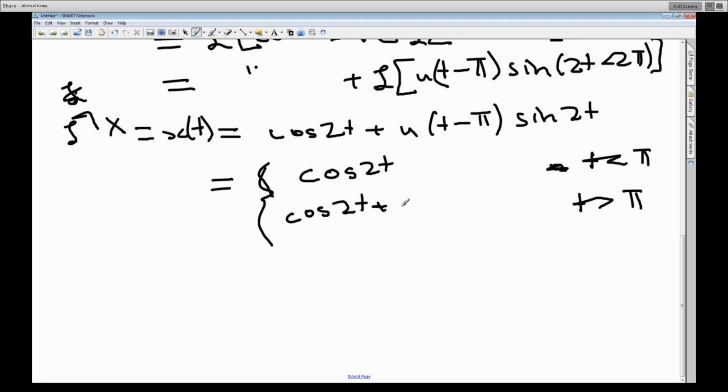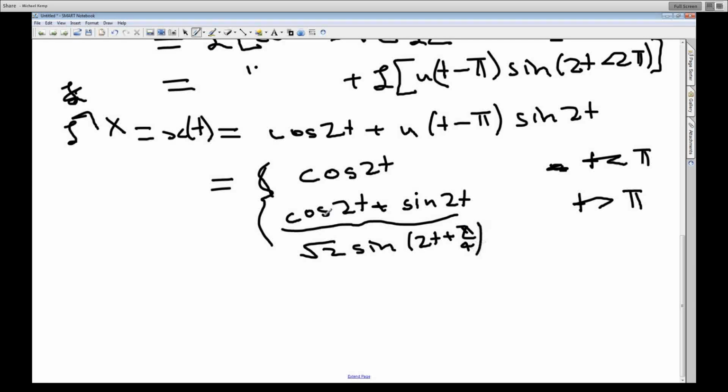The bump just adds on a sine 2t. And if you put these together, cos 2t plus sine 2t, if you wanted to, that's equal to root 2 sine of 2t plus pi over 4. You can write it as a single sine.